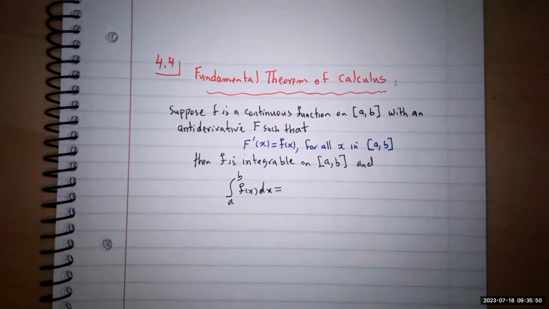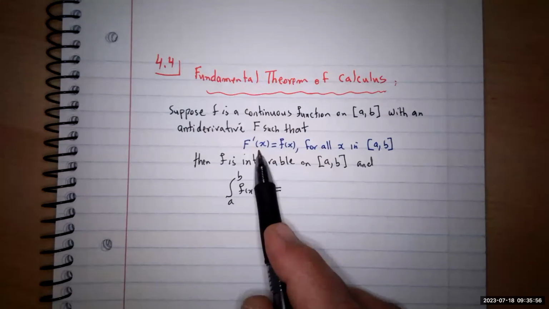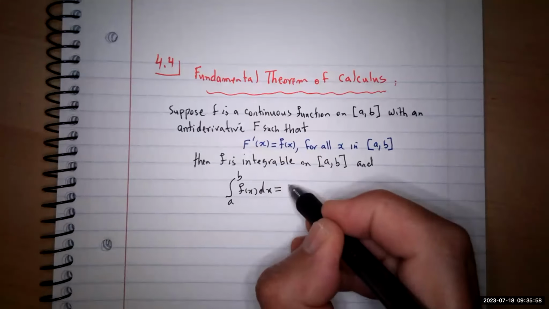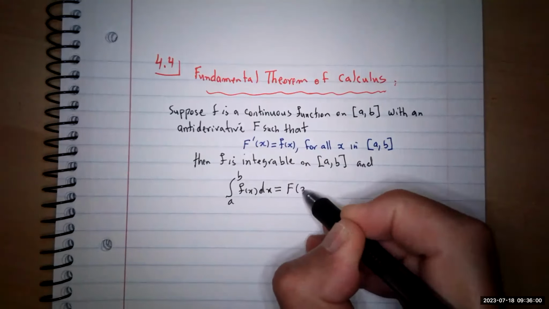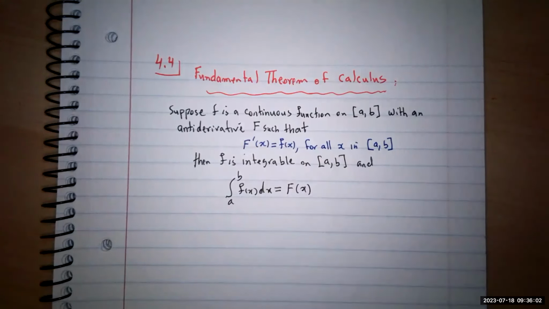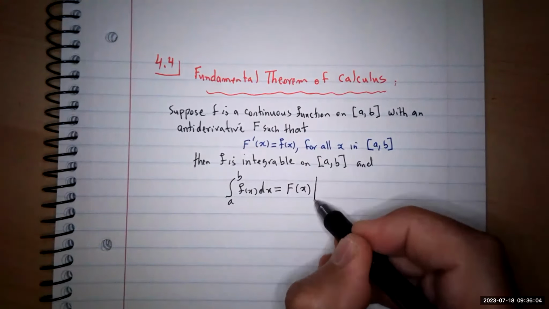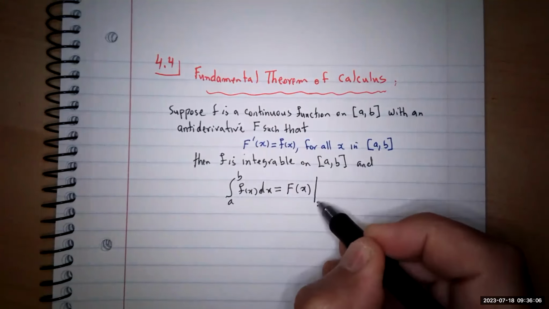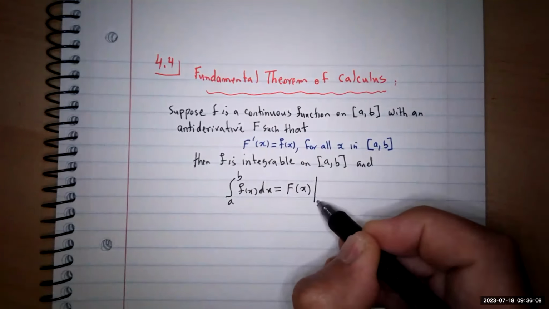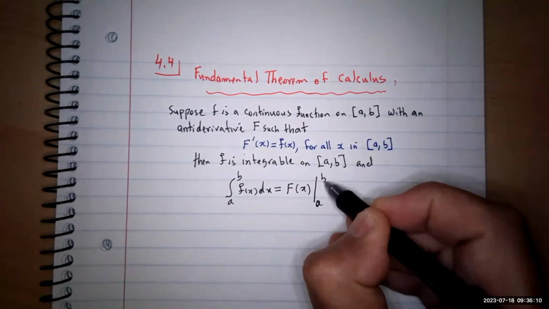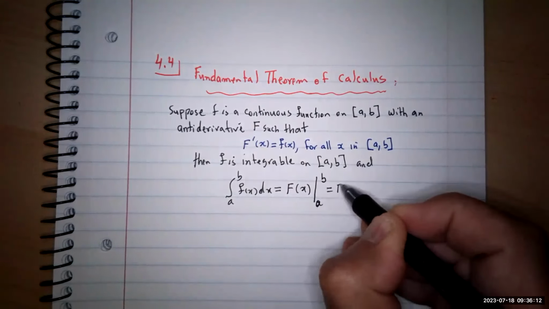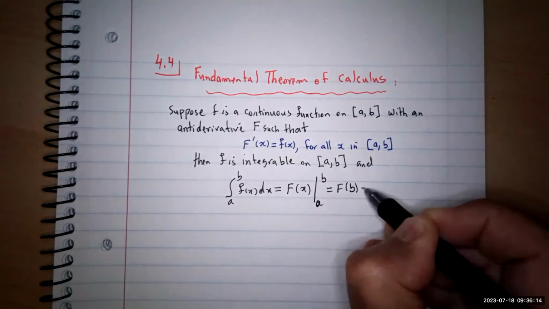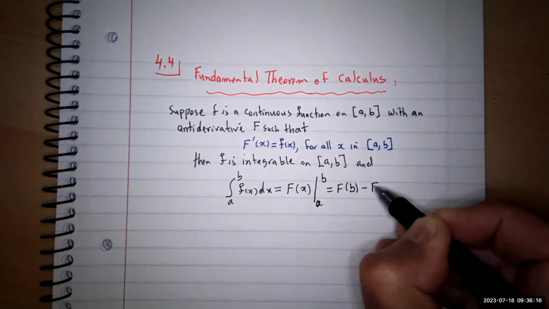If you want to find it, you just simply find the antiderivative. Remember, the antiderivative is F of x. We have the formula, we can do it. Find it, don't add the constant c, and evaluate it from x equal to a to b. Okay, this is it. We say from a to b, which is the same as F of b minus F of a.